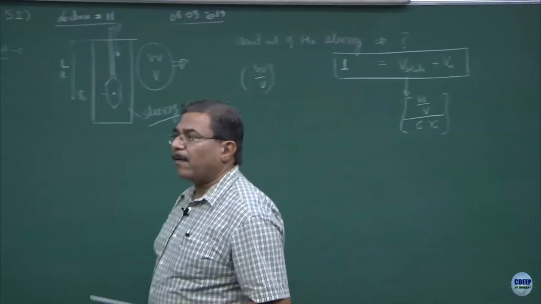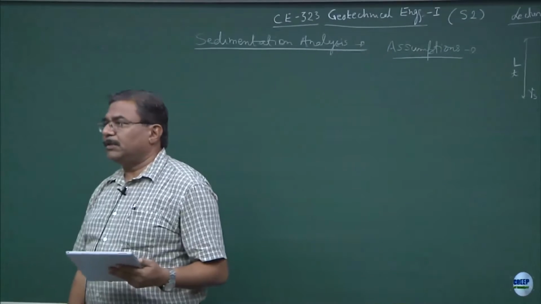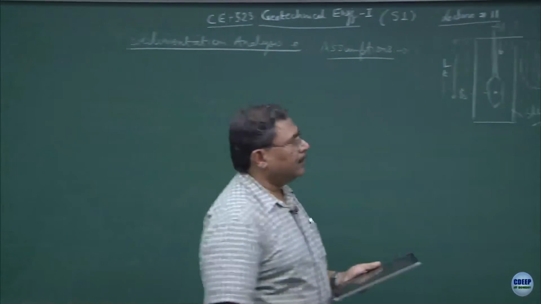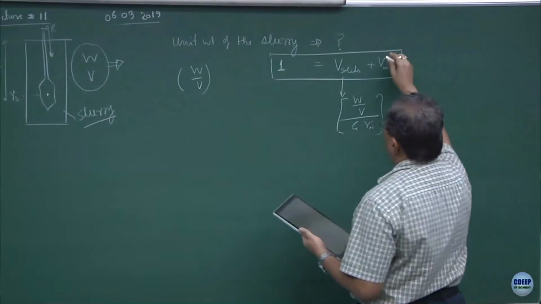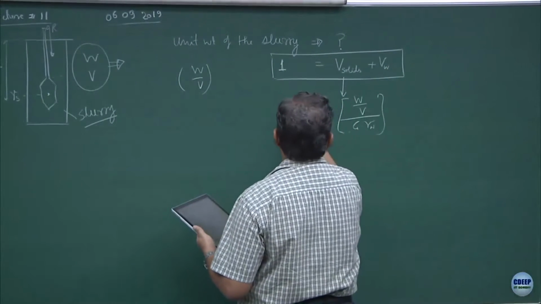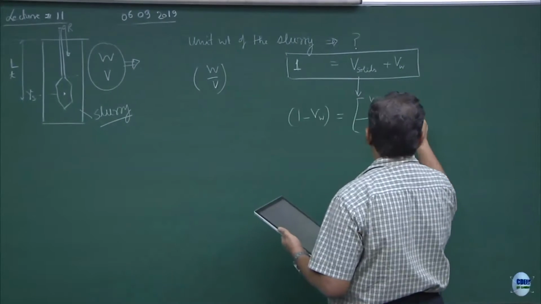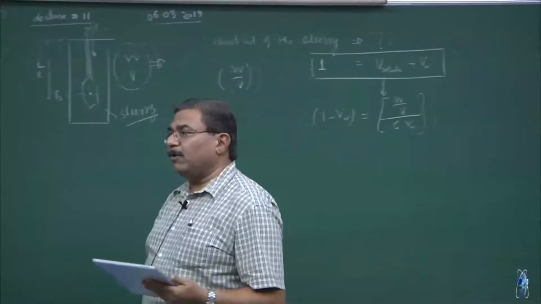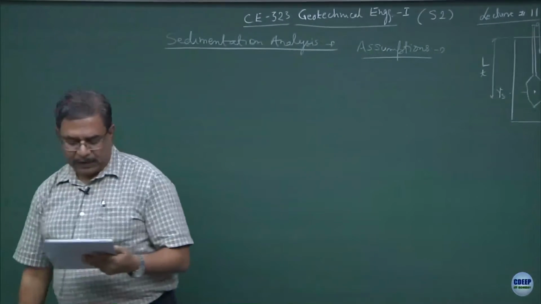Is this okay? Is this correct? Nice. And then you have the volume of water. So, 1 minus volume of water would be equal to this term. Now, how would you compute the volume of water? That is a big question, is it not?